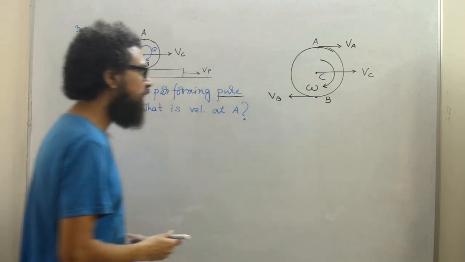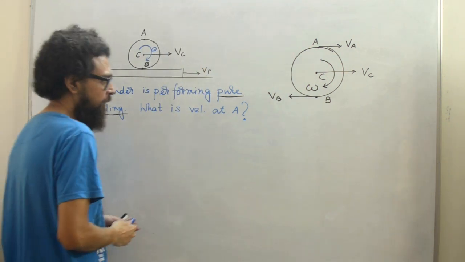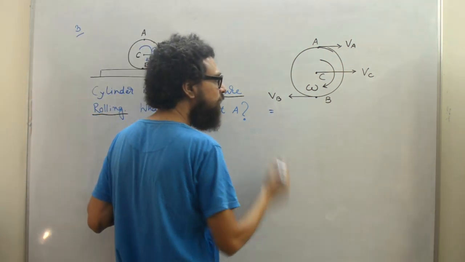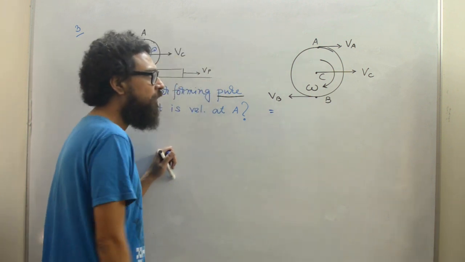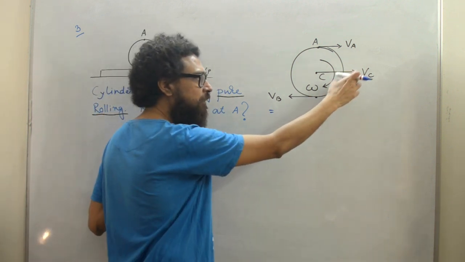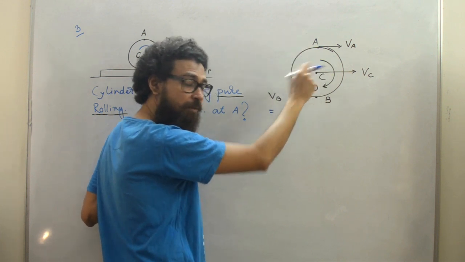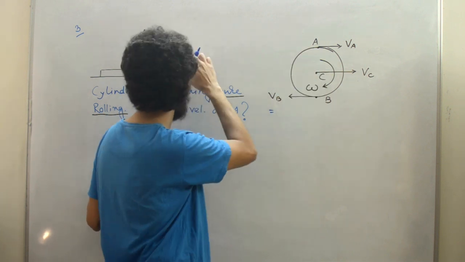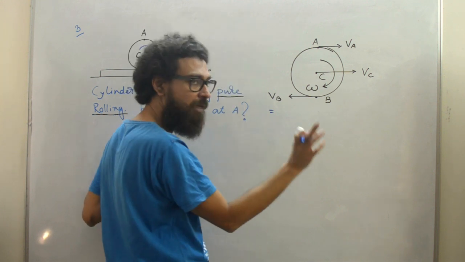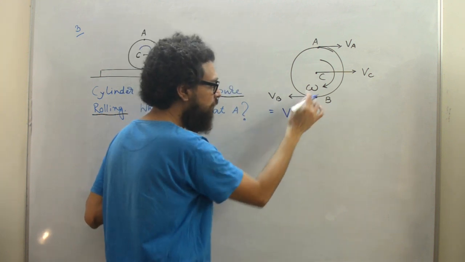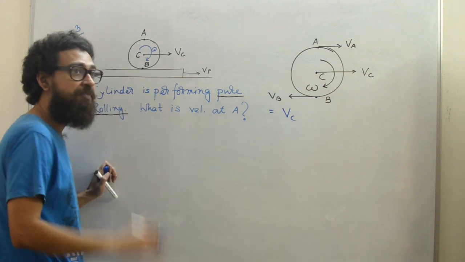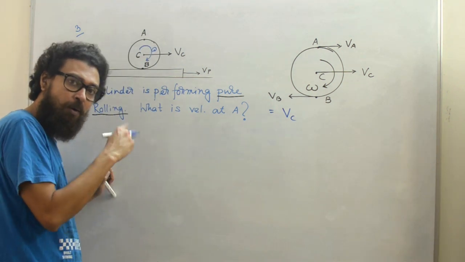Now can you tell me what Vv is equal to? Obviously, Vv will be equal to the Vc, the linear velocity of this cylinder which is associated with the center of mass. This is given, they have given Vc and Vp only. So what I can say about the velocity at V is Vc minus omega r.